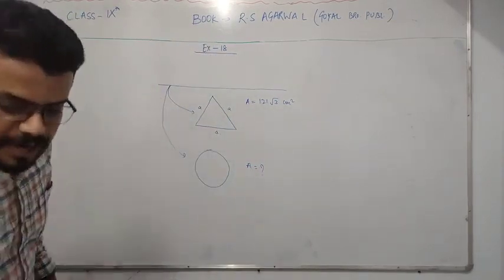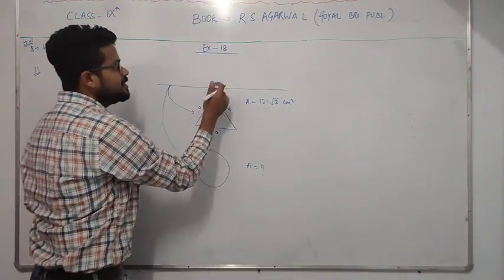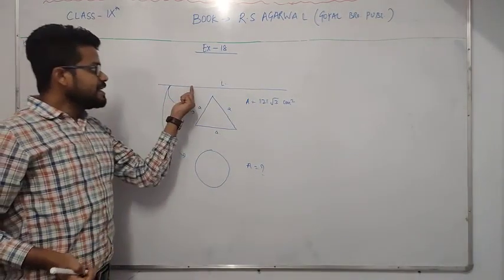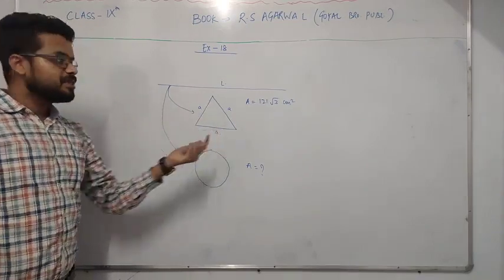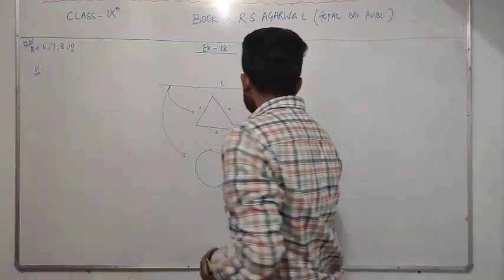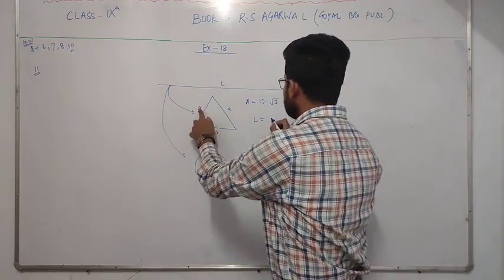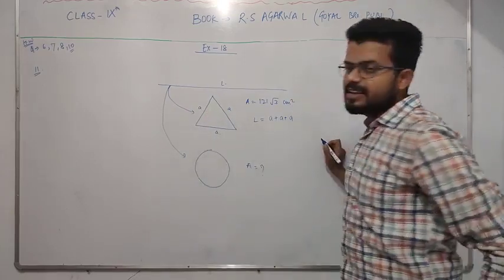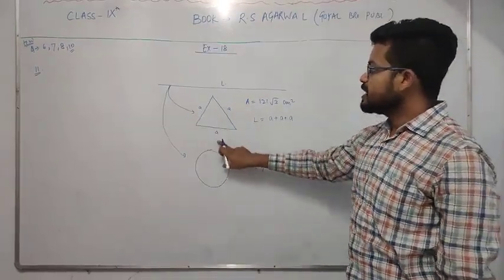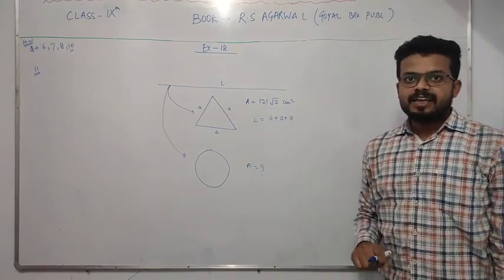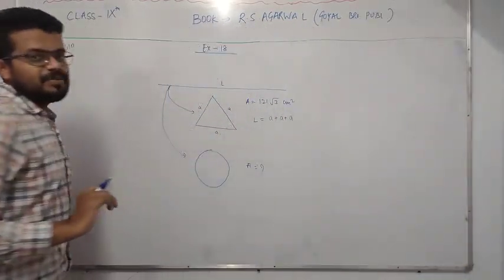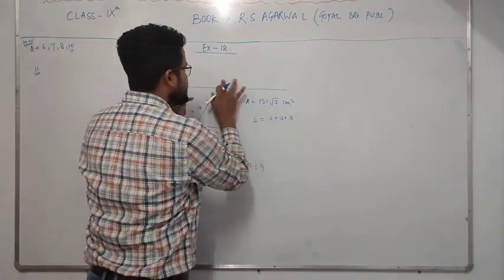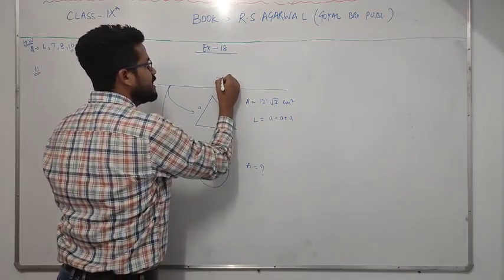Now tell me one thing. The length of the wire, let us assume this is L. I bend this into an equilateral triangle, so can I say that this length is equal to the total length of this equilateral triangle, and the total length is what? A plus A plus A. Are you getting my point? Let us assume the length of this is 25.